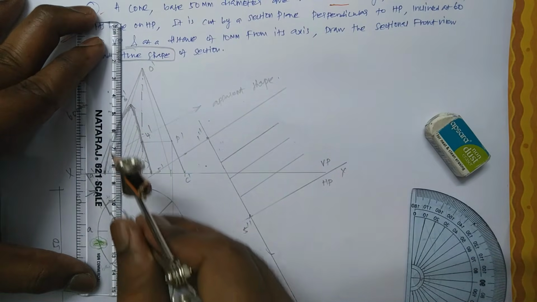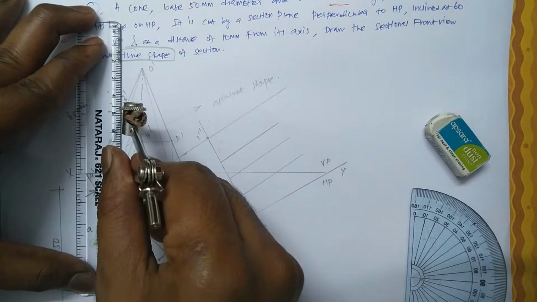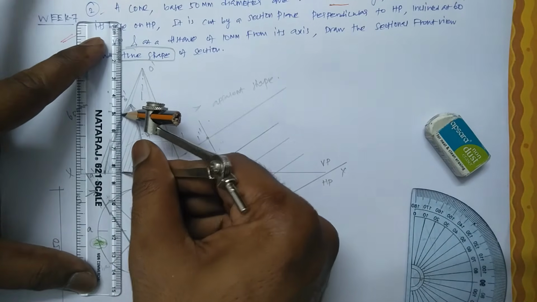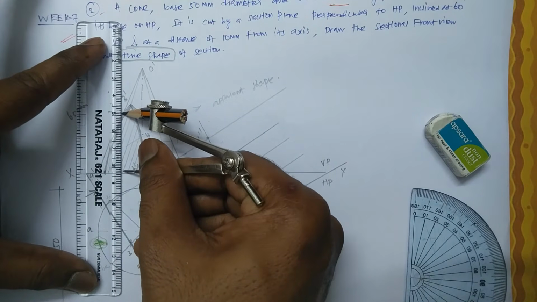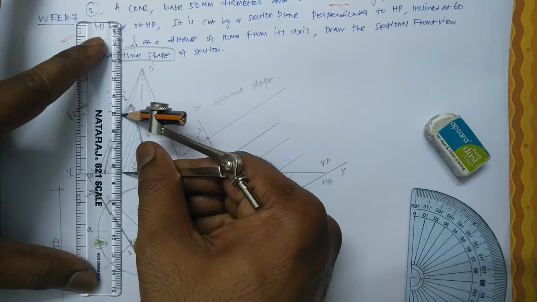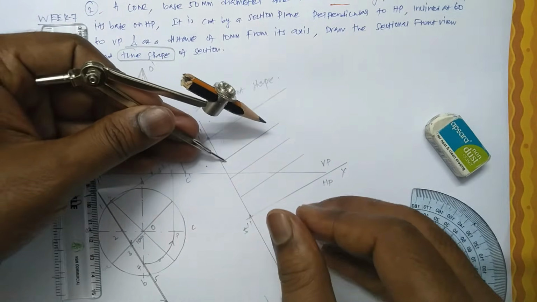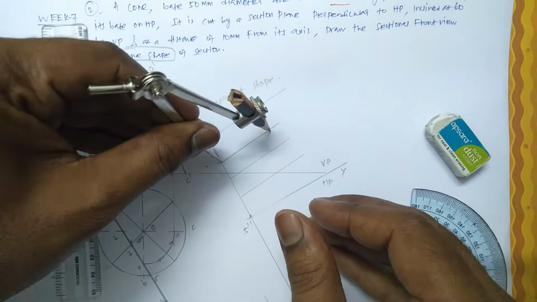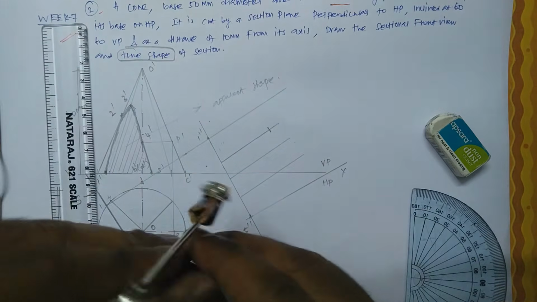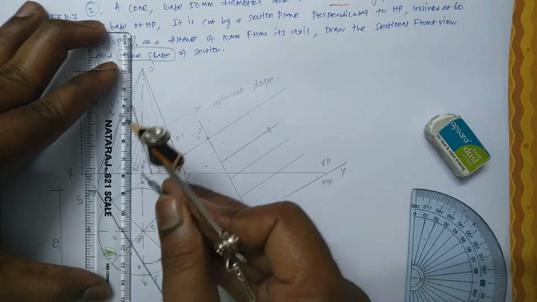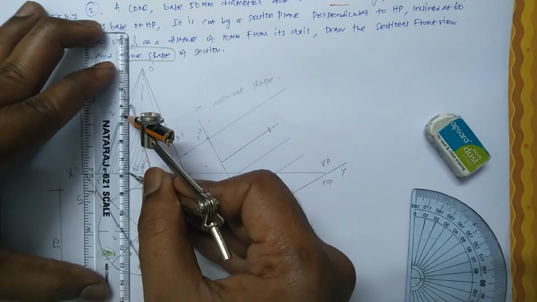See, 2 is here, so it joins here. From here to here I am measuring the distance. Carefully see, from the base to that particular 2 point I am measuring it, and directly I am transferring to this shape. Okay, then again 3 is here.